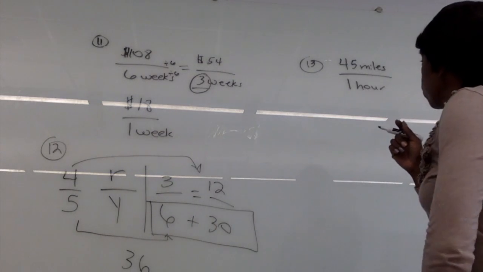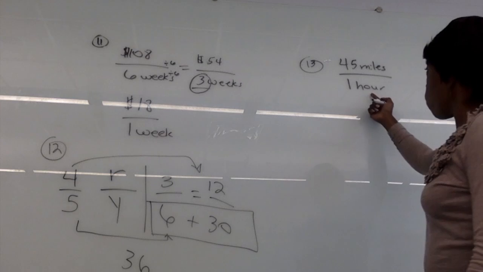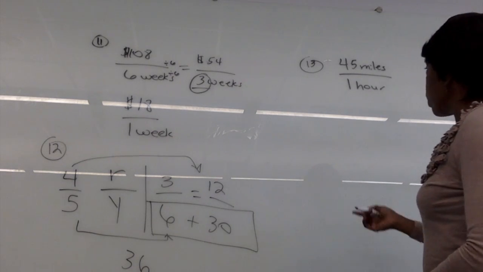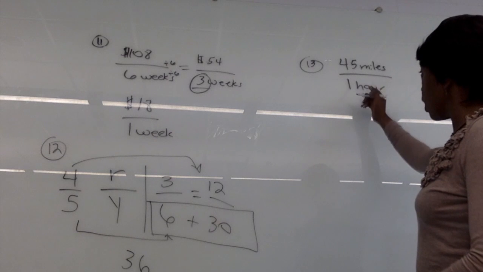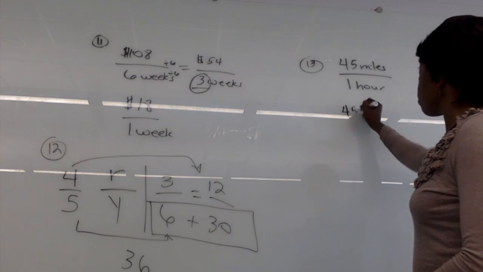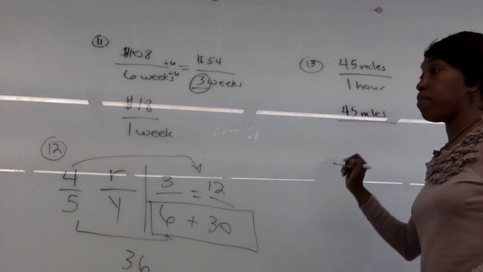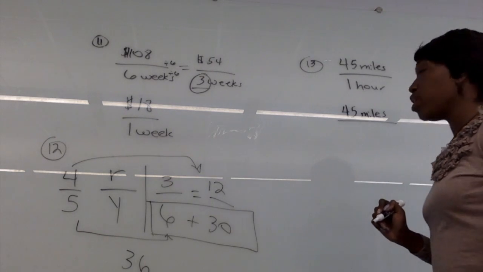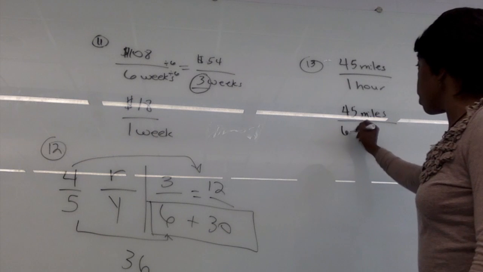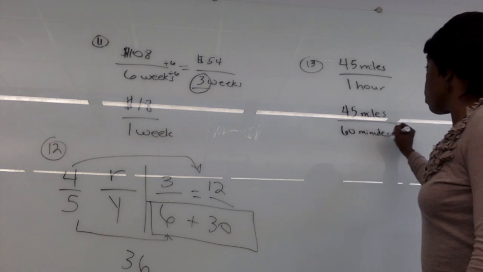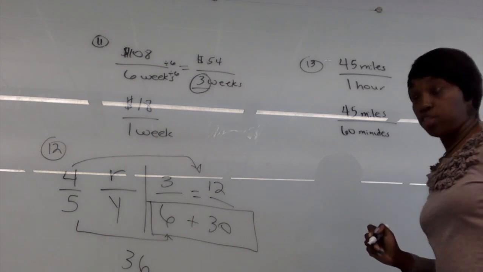Now, notice what we said. We have 1 hour here, but they're asking us about minutes. So what we're going to have to do is convert once again. I'm going to rewrite my rate. Since they're asking me for minutes, I must convert my 1 hour. And I know there are 60 minutes in 1 hour. So now I have it converted.